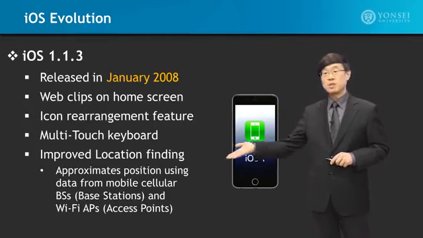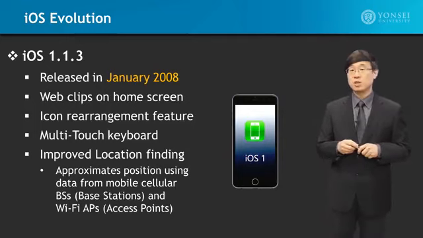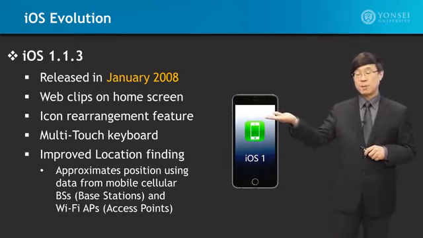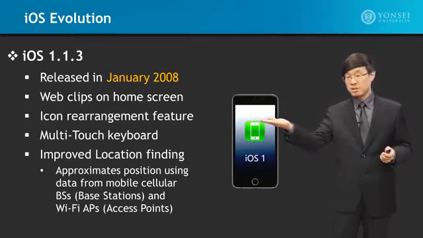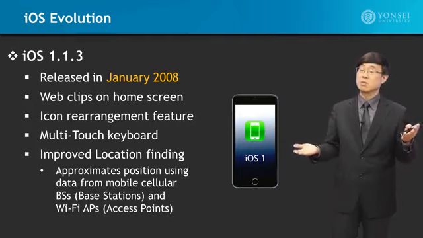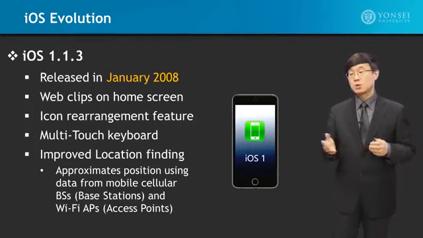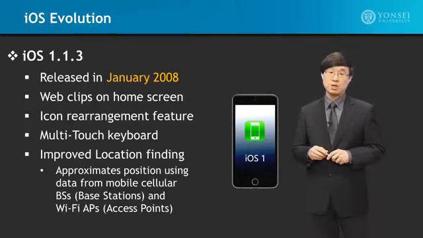The approximate position of where you were was collected from information provided by the base stations as well as the access points. Base stations as in your mobile communication base station, and access points as in your Wi-Fi access points. So this information was combined together to help you find your location, in addition to possible GPS information.